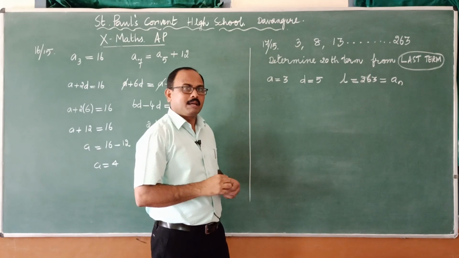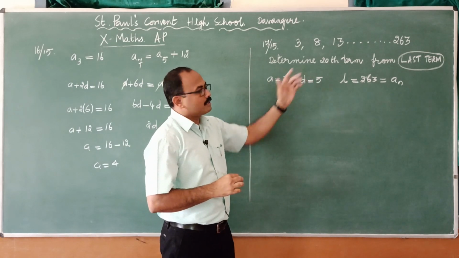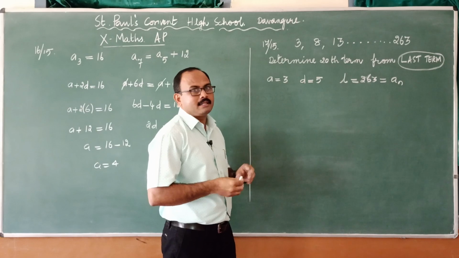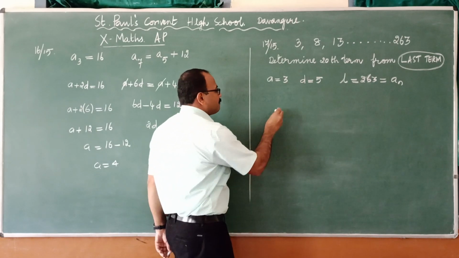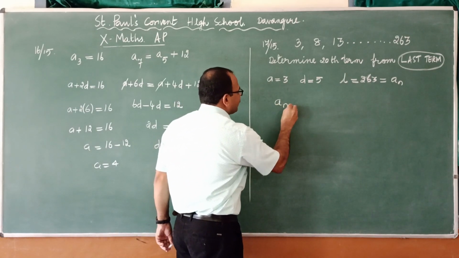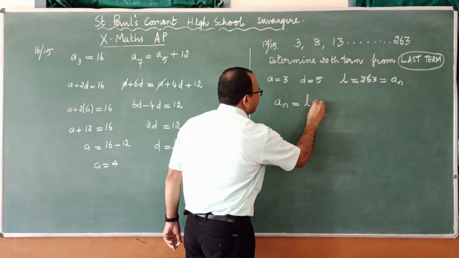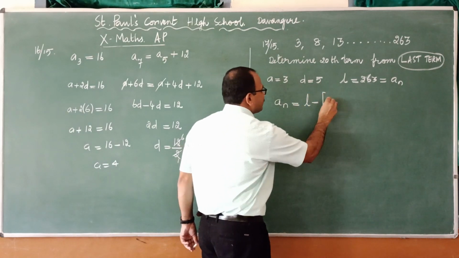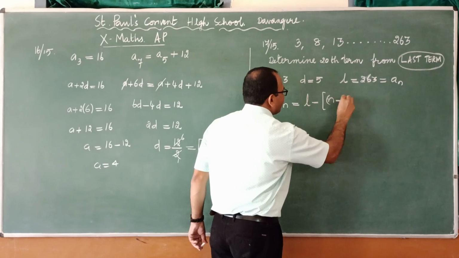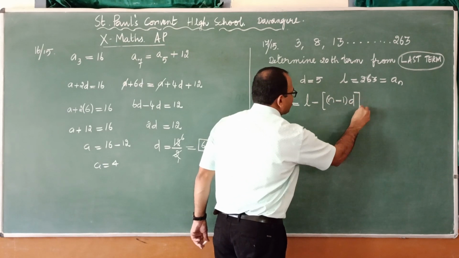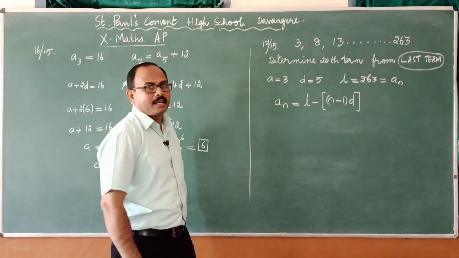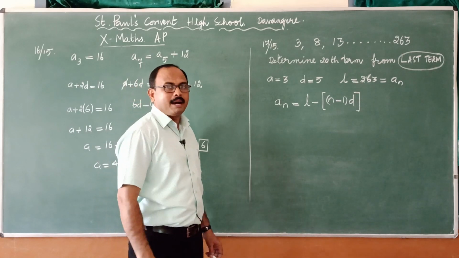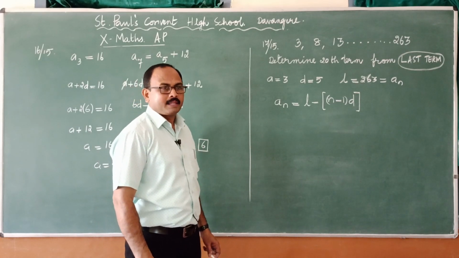To find a particular term, find the 20th term from the last term, the formula is an will be equal to l minus, square bracket, n minus 1 into d, close the bracket. Carefully look into the formula and write it down, children.